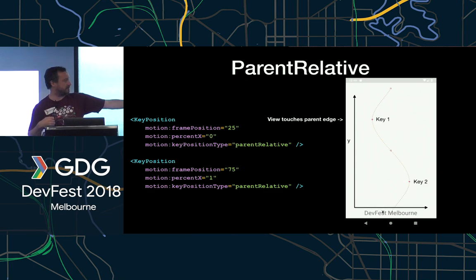So if you've got the word Devfest Melbourne, as we have here in this example, it's the E on Melbourne that touches the edge of the screen and the D on Devfest that touches the screen, and that's the bit that defines when it stops and moves back in. So if I have a longer string, those paths are going to be closer to the middle. If I have a shorter string, they're going to be closer to the edge because the actual widget is a smaller widget. So that's just something to remember as well. For the same values of 0 and 1, depending on the size of the widget, you're going to get a different path, but it should still have the bit where it goes to the edge of the screen on both sides.